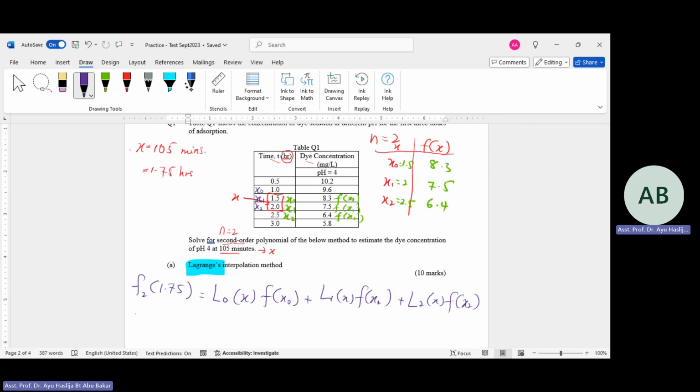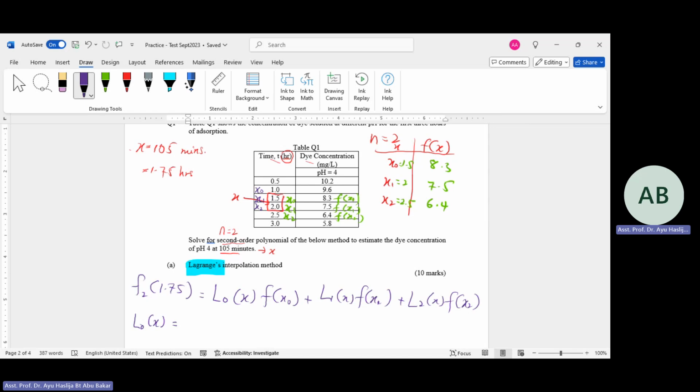Okay, next step, find out the weighting function for each. Now what is L naught x? How to find it? No idea.